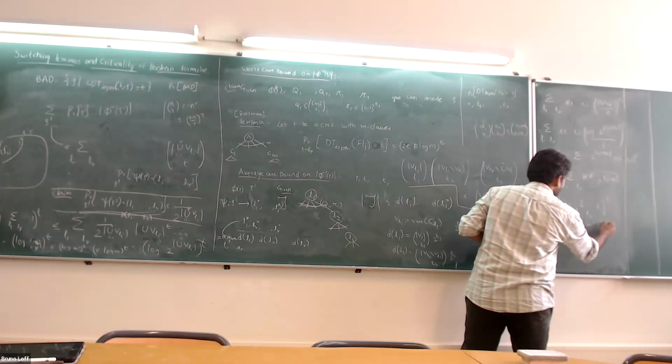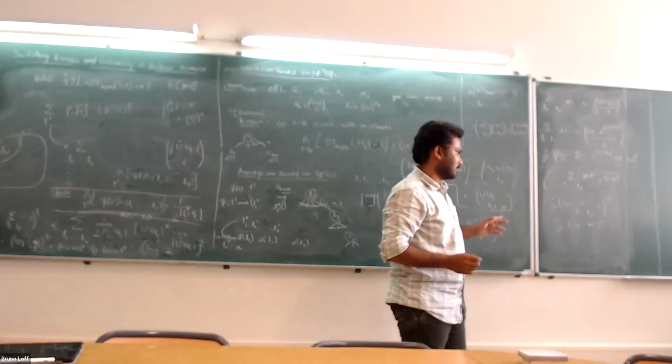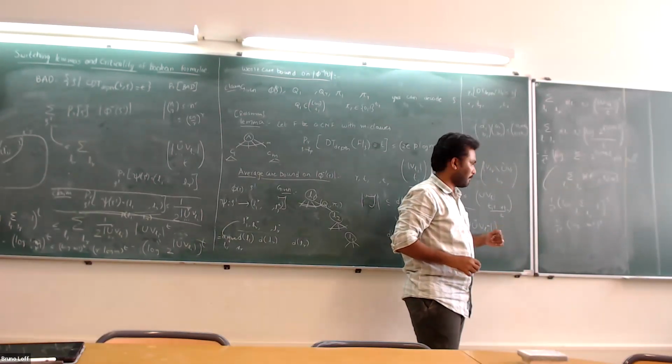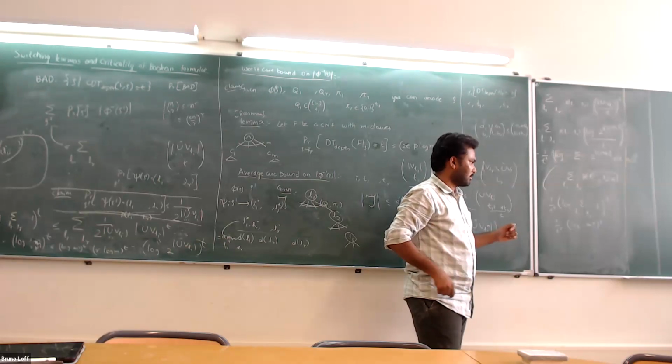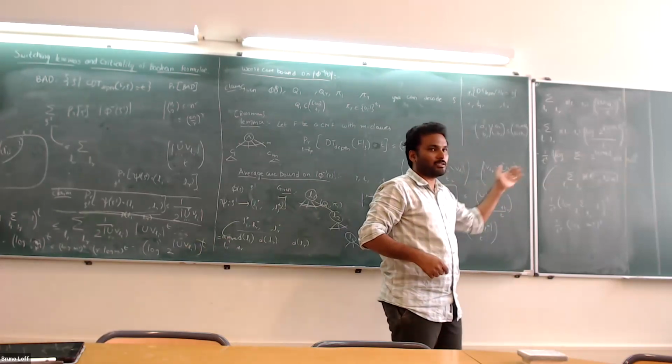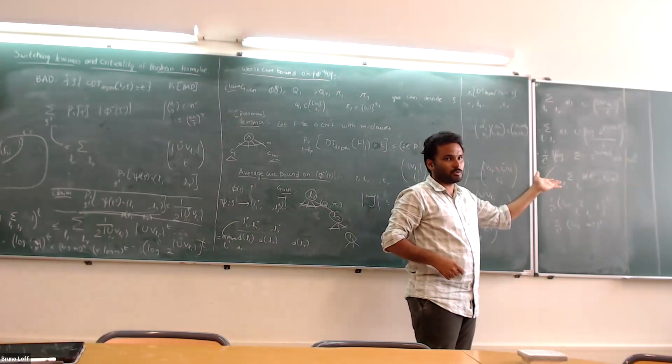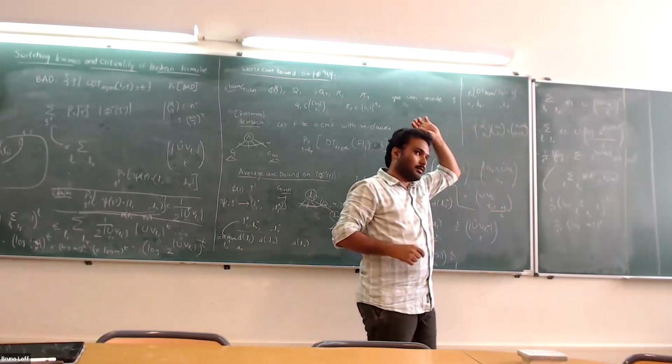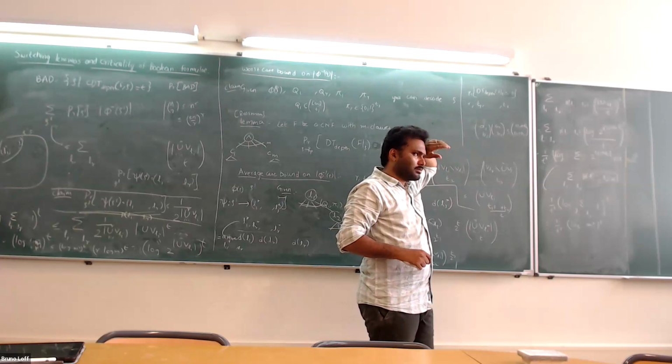And the number of L's is at most M2 log. Why is that? So L1 has n possibilities, L2 has n possibilities. Oh, I see.